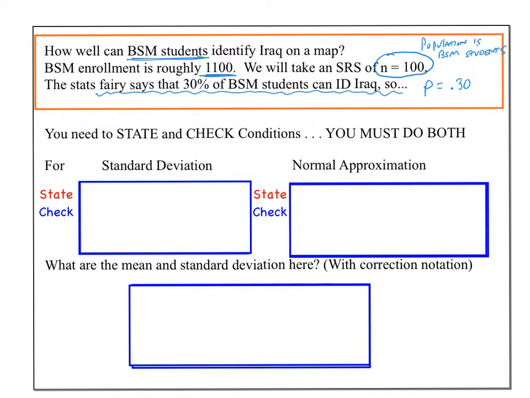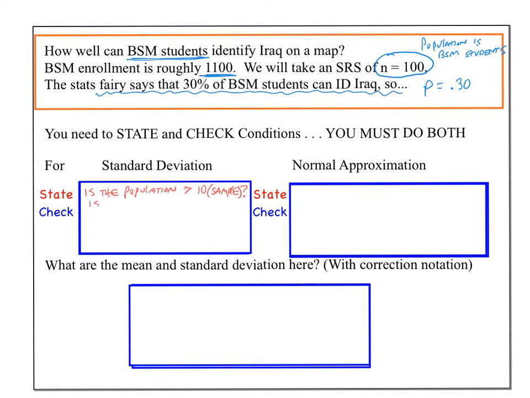Okay. So we're going to state and check our conditions. I'm going to color code it. I'm going to state it in red. Is the population more than 10 times our sample size?